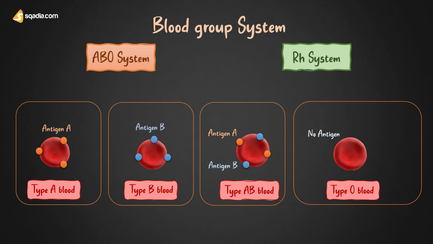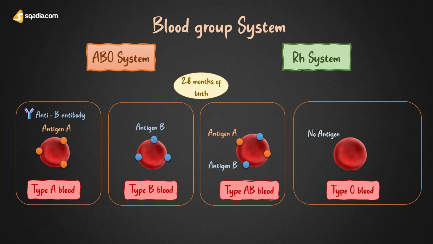These antigens are inherited by the next generations, and antibodies related to each type of antigen are produced between 2 and 8 months after birth. For example, if antigen B is absent, as in type A blood group, the antibody called anti-B antibody is produced.